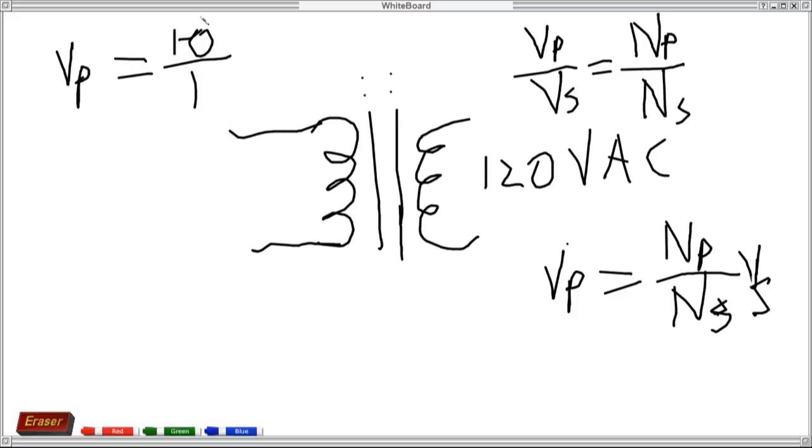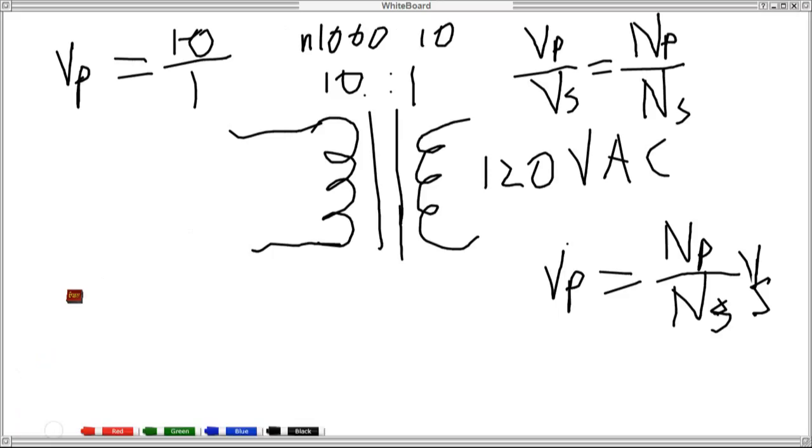What it means is that for every 10 turns on your primary side, there is 1 turn on the secondary. So let's say you have 1,000 turns here, which is your little n. That means on your secondary, you're going to have 100 turns.